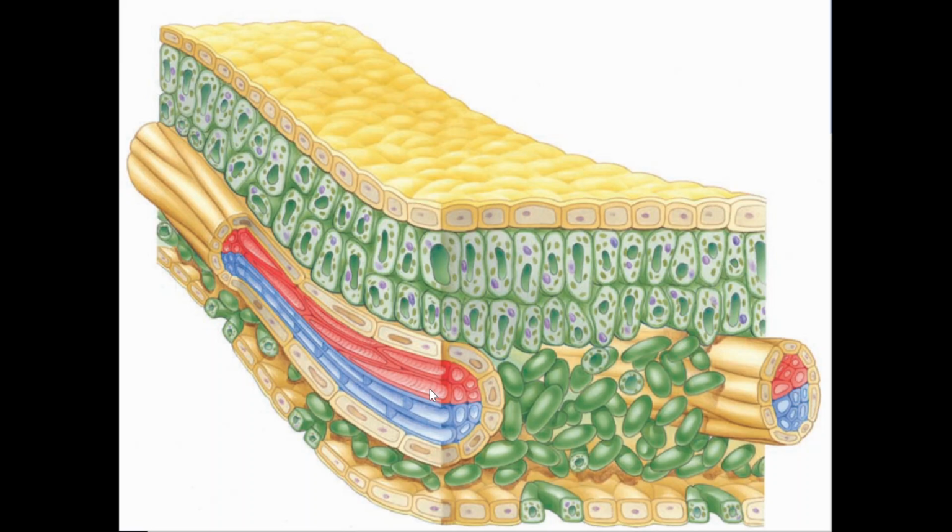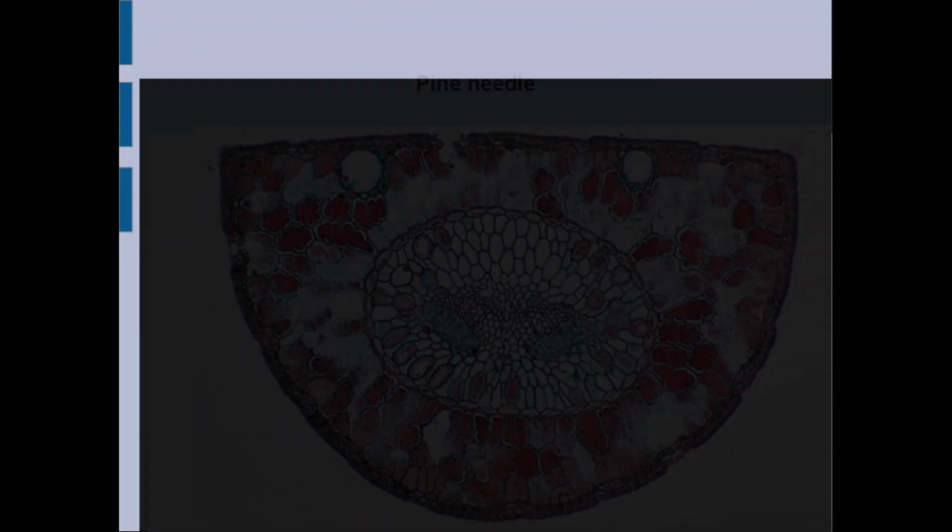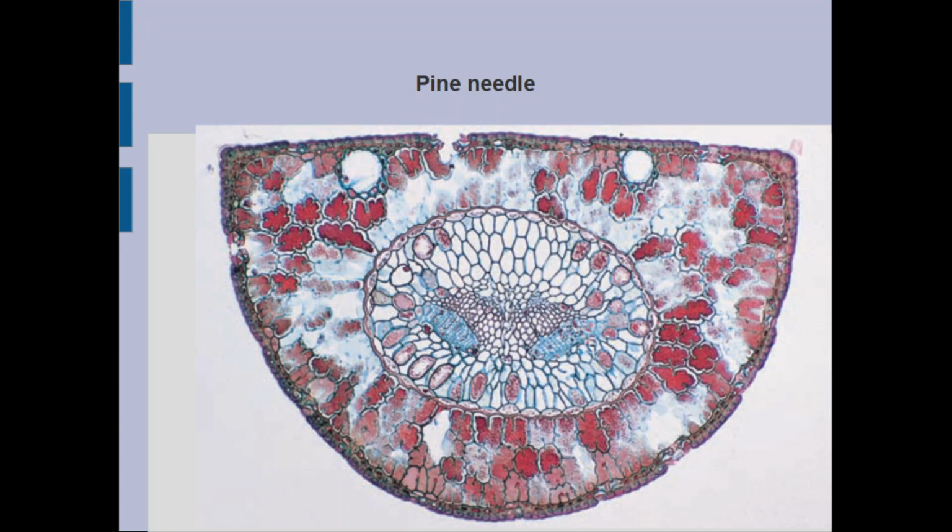The bundle sheath may be made from different tissue types: collenchyma, sclerenchyma, and parenchyma. And there is a difference in the structure of eudicots and monocots.